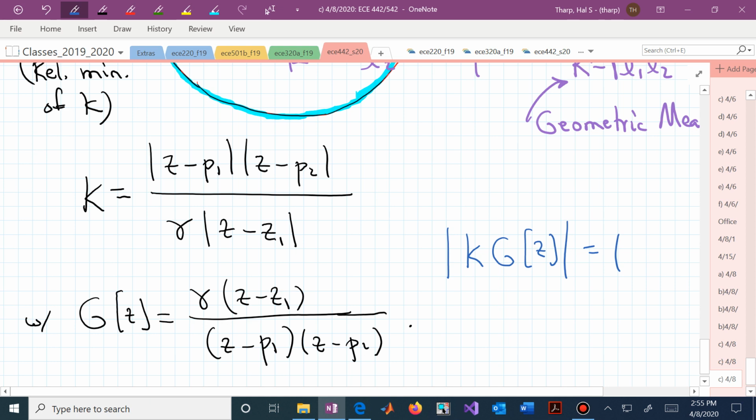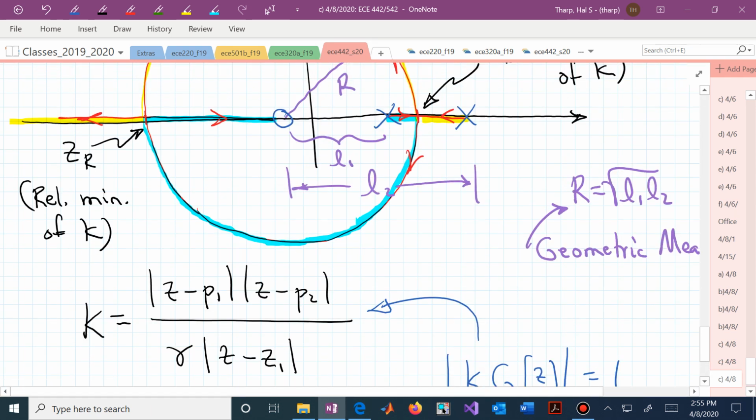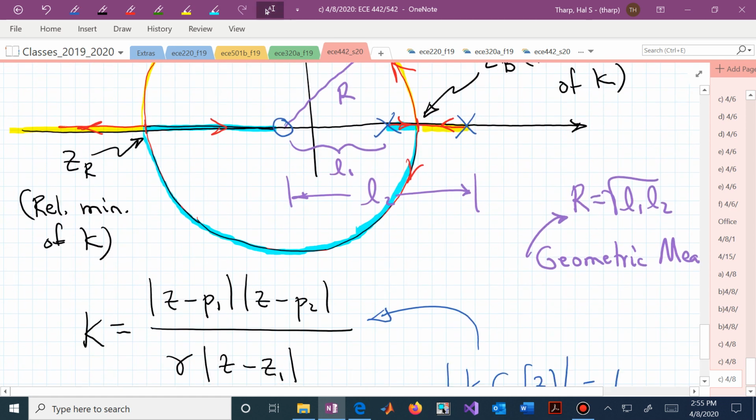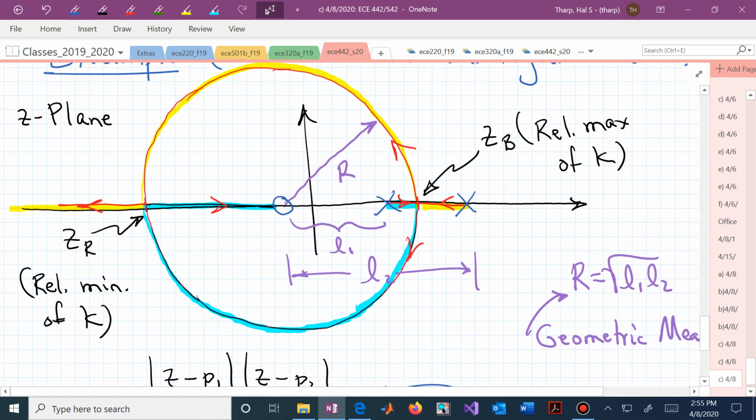And from that, we can now solve for the gain k, and this k is going to vary from 0 to infinity for different values of z in the complex plane, and we will calculate this k for z values on this red locus.